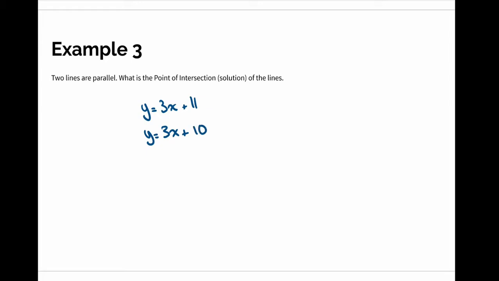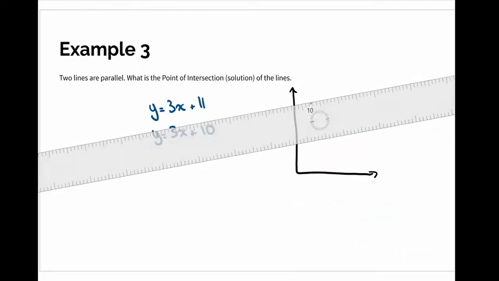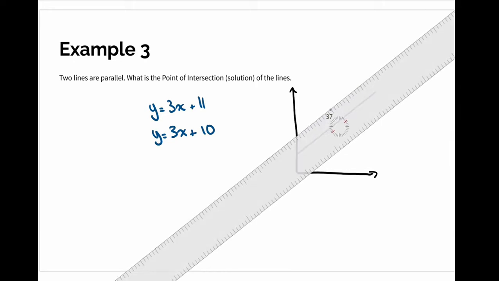Let's say plus 10. So if we wanted to roughly graph that, let's say that's one line, and just above it is the next one.